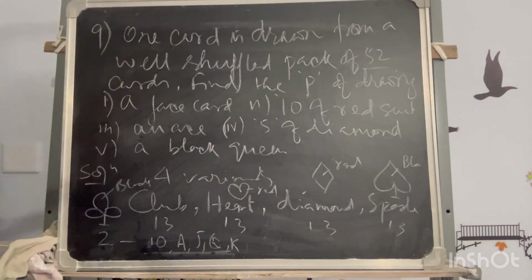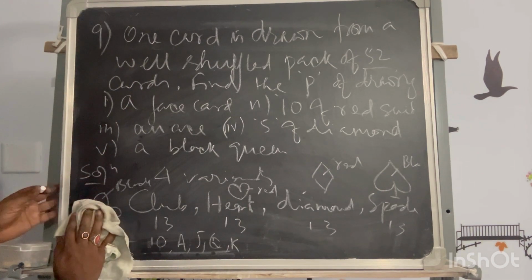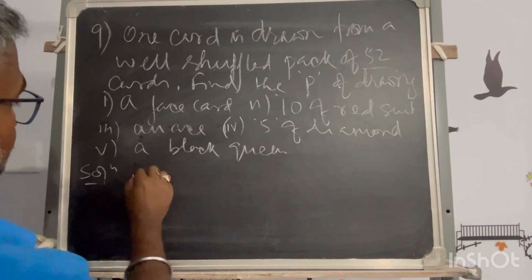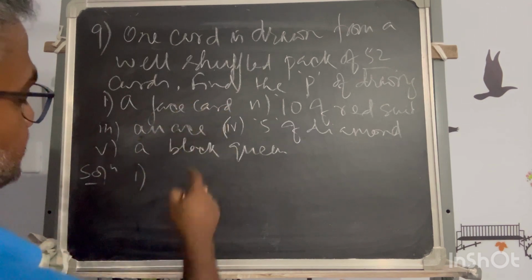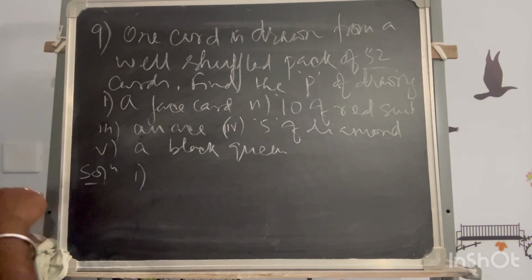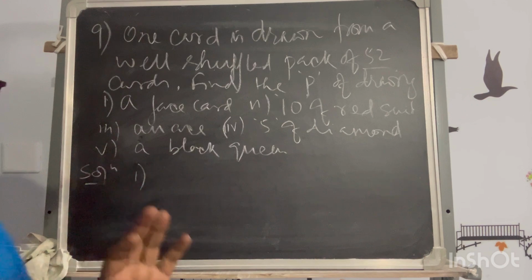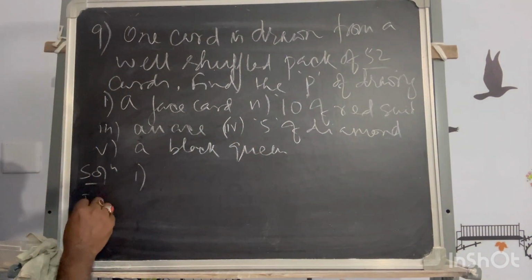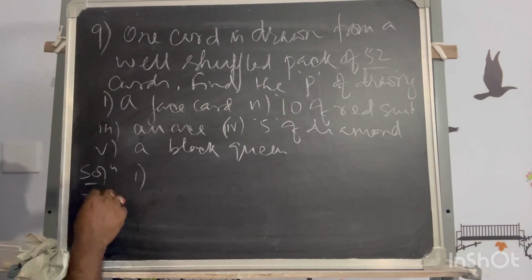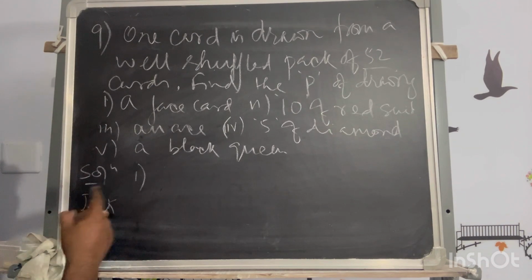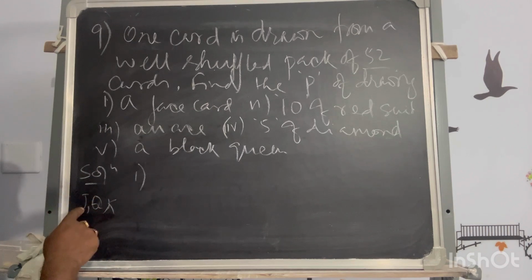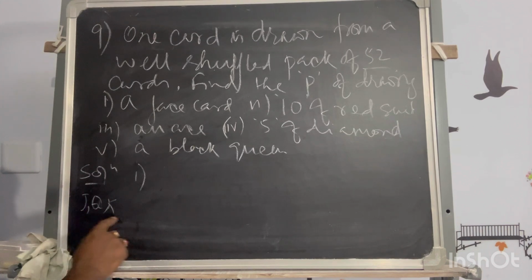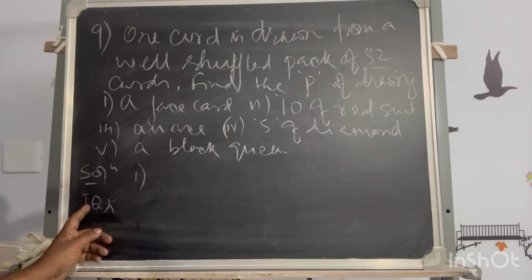Now, as you have understood the variety and the denominations of a card, we'll start the problem. What do you get as a face card? A face means a human face arises on some cards: jack, queen and king have faces. Apart from that, ace, jack, queen, king are pictorial, but the face appears only on jack, queen and king.